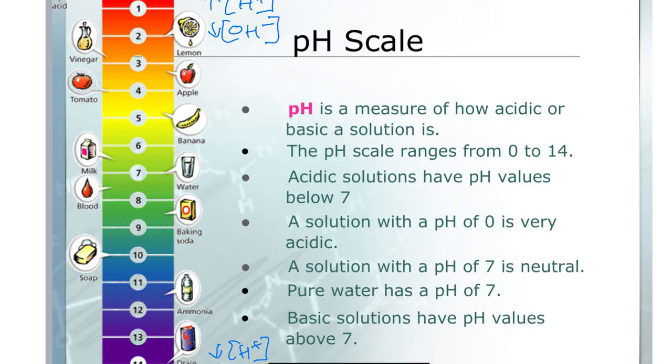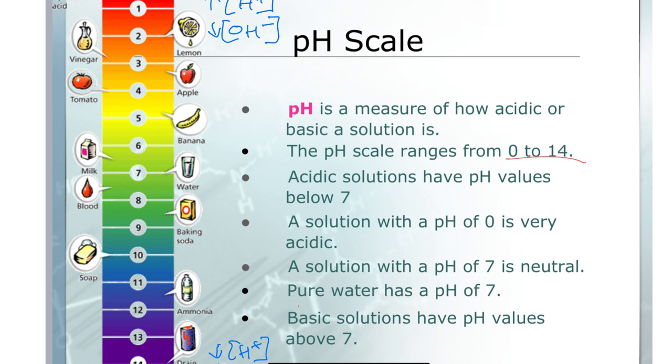Okay, you should get familiar with the pH scale. The pH scale is a scale going from 0 to 14. 0 is the most acidic, and 14 is the most basic or alkaline.